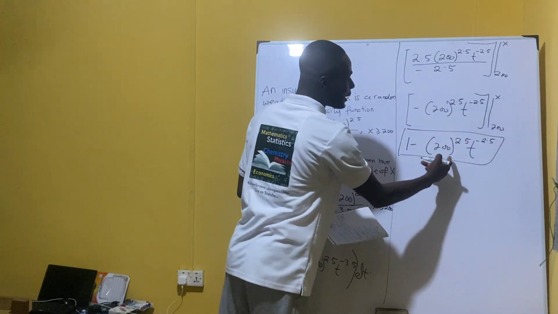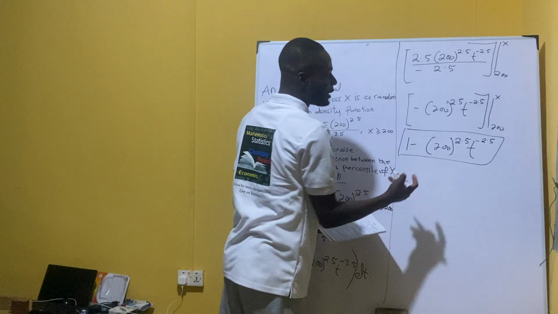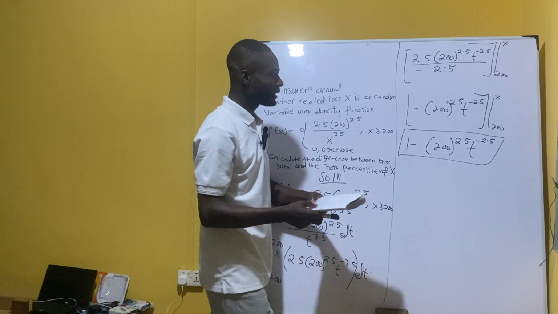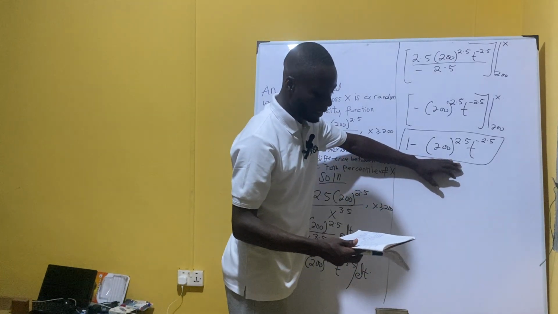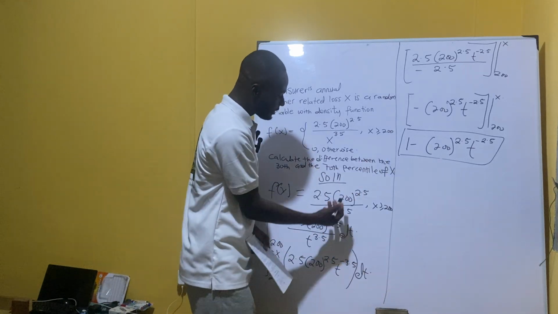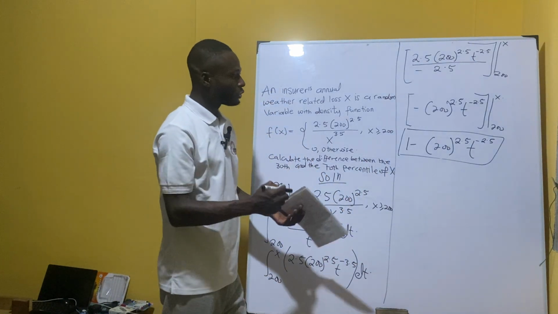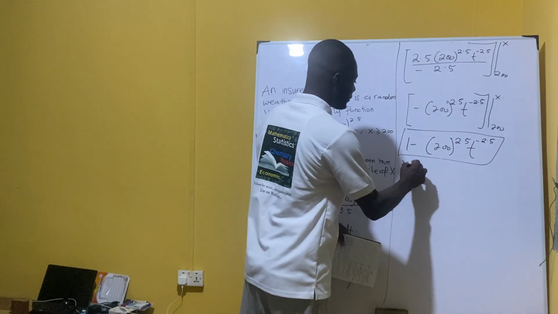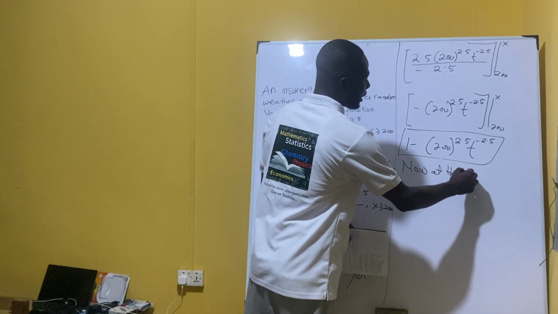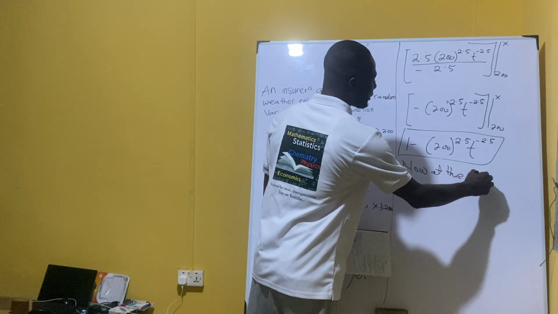When we put in the limit, this is how it becomes. Since we have this now, we can go ahead and put in the 30th percentile.